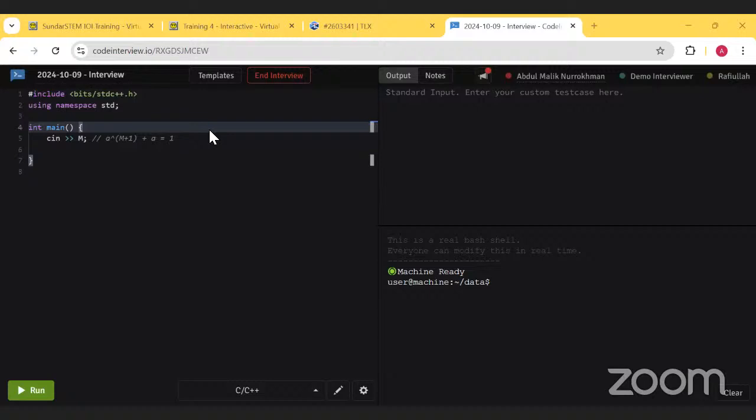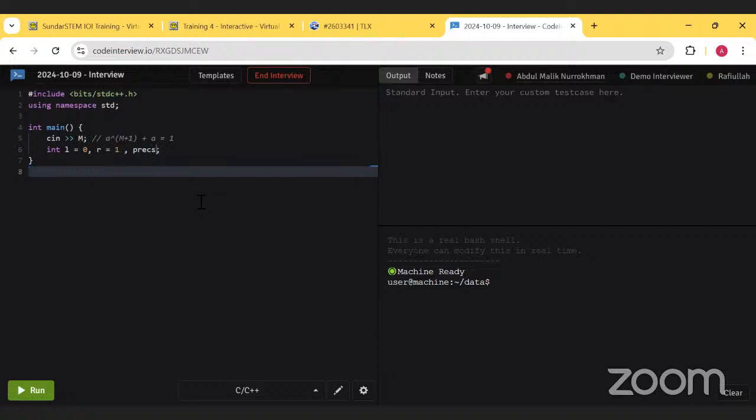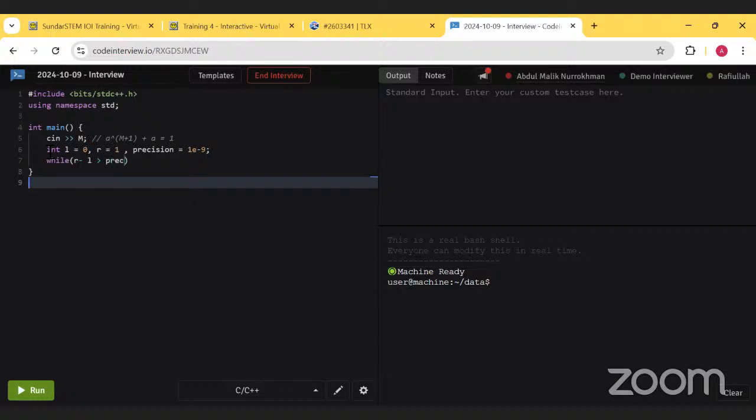Yeah, please just continue implement here. Let's say the precision is 10 to the power of minus 9, maybe. Okay. And don't forget to make it a real number.